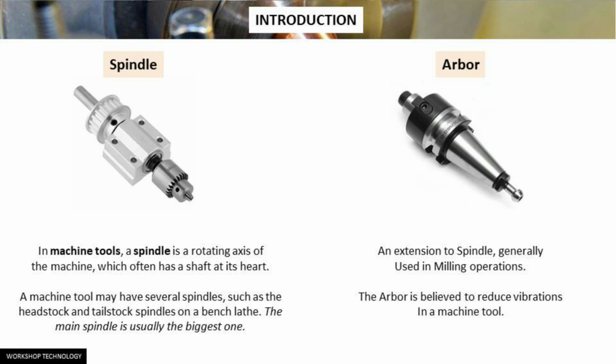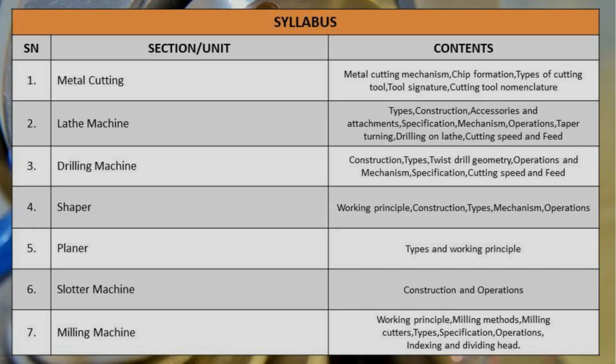An extension of spindle is what we call an arbor, which is generally used in milling operations, and it is believed that it is used to reduce vibrations in the machine tool. Now we know all the terminologies that are concerned with this particular course.